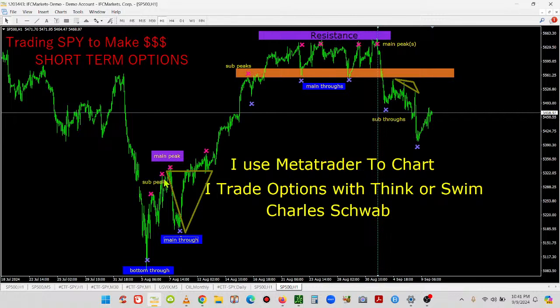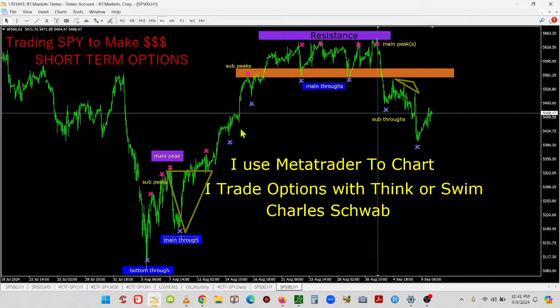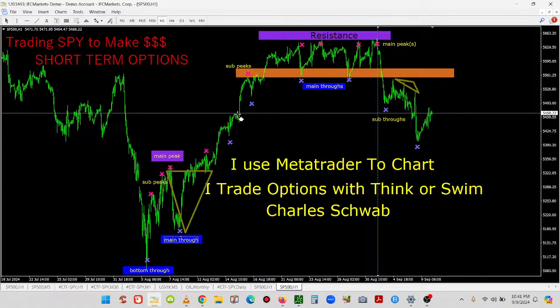Because these little sub peaks went here and then it made a boom boom. It went below these little sub peaks in the pattern. So this became our main trough. And then we have some sub troughs. Okay? Sub troughs all over the place. These little guys, I want them cleaned up everywhere. Sub-troughs, you see them?